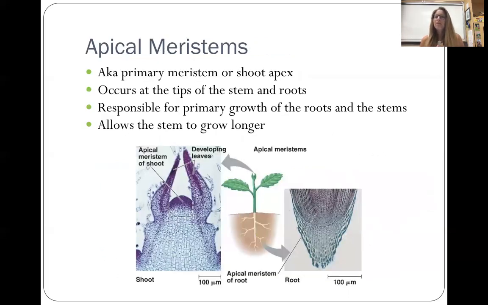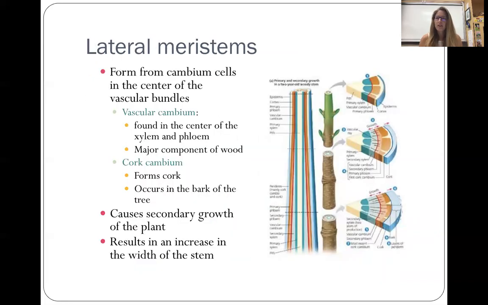An apical meristem is where primary growth occurs, where this plant is going to get bigger, whether it's the roots getting longer to find water or the plant growing taller. Your apical meristem is the growth of the plant taller or deeper. The lateral meristem is your plant getting fatter, so it goes out laterally, it gets wider.